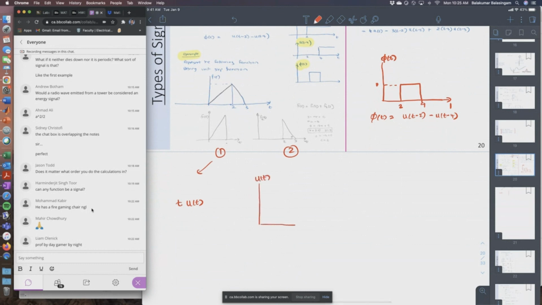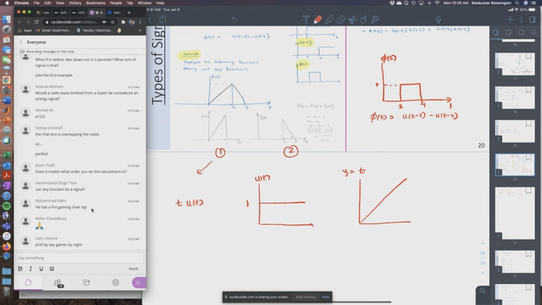u(t) is 1. This is u(t). What about y equal to t? y equal to t is just a 45-degree ramp.